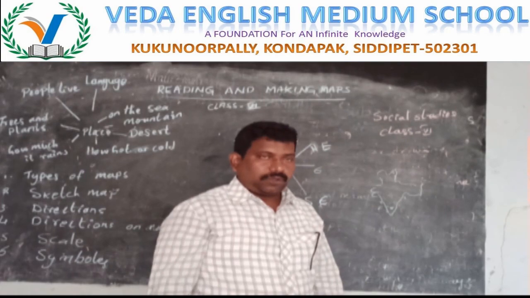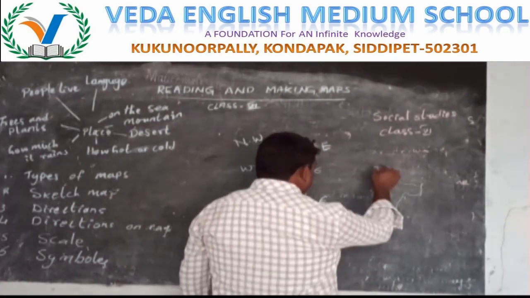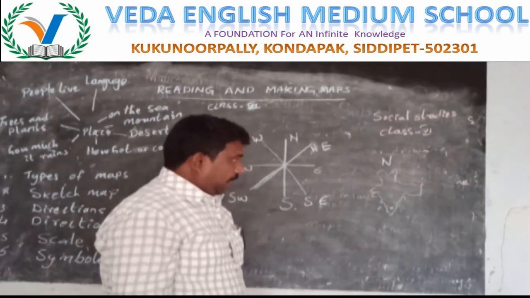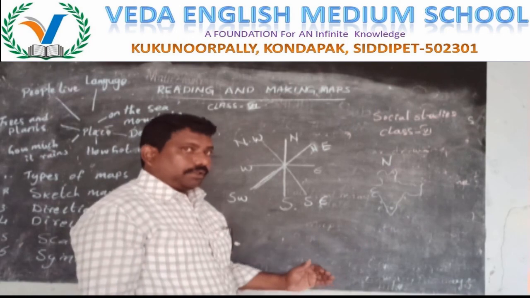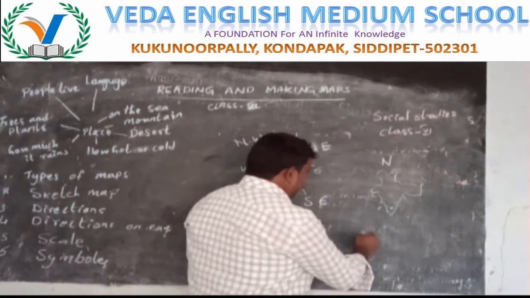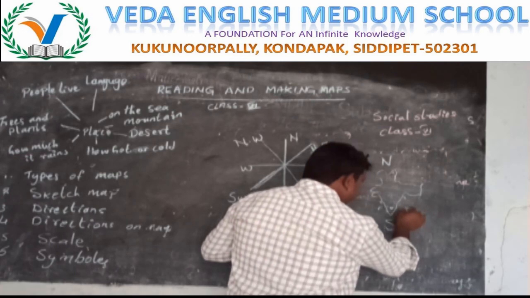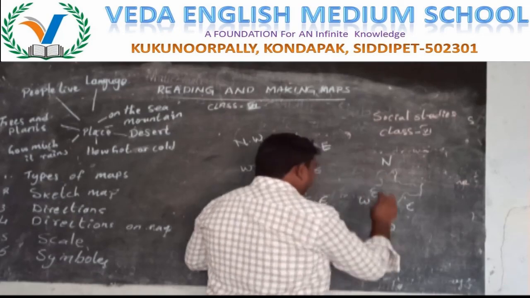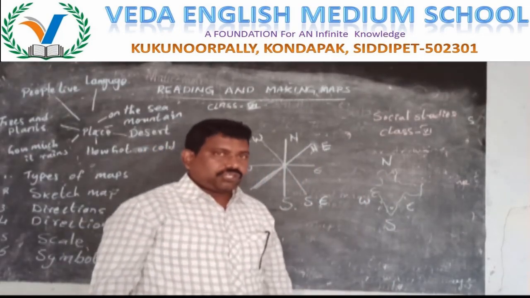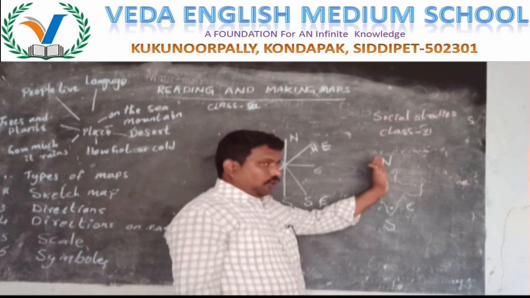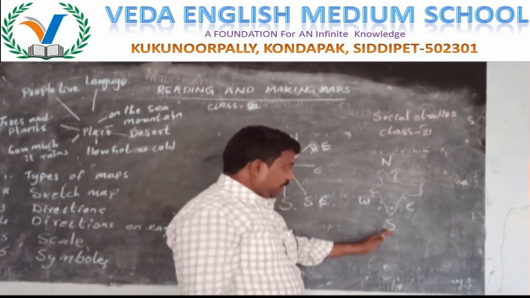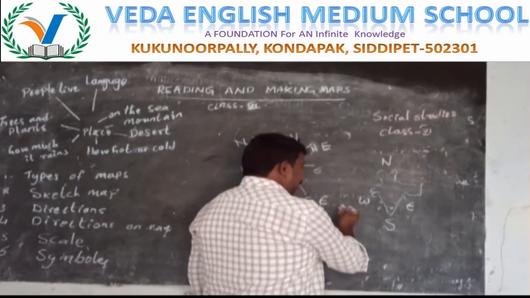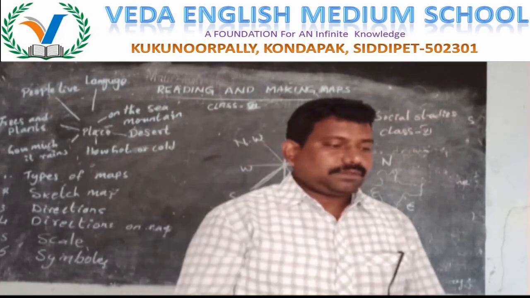Where is the north shown on the map? The north is shown on the top. This is north. The south will be shown at the bottom. Then the right side of the map is east and the left will be the west. Understand, children? Always north will be shown on the top, south at the bottom, right is east and left is west.